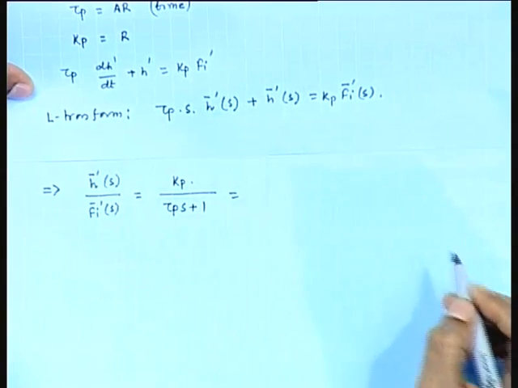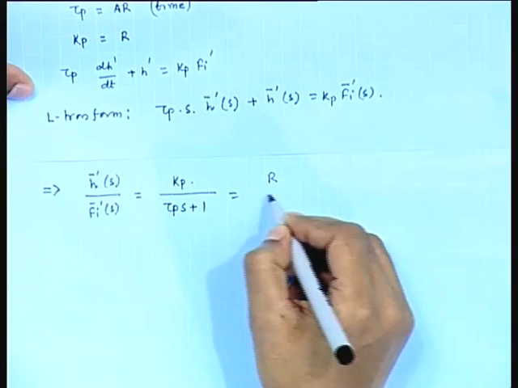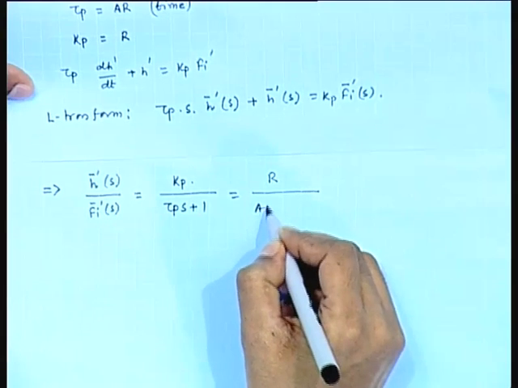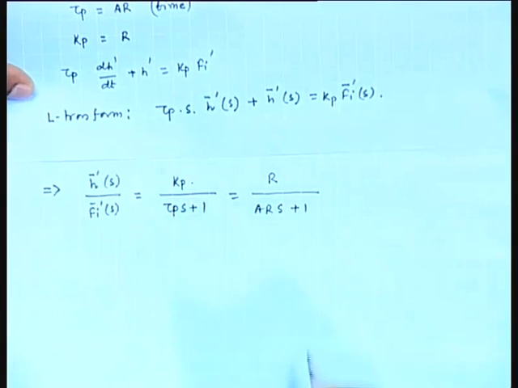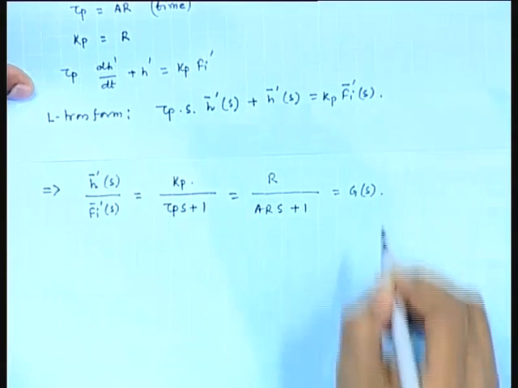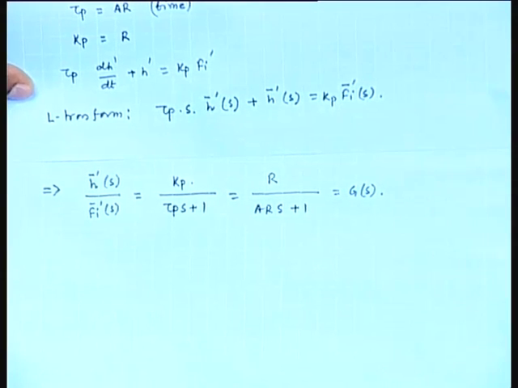So, here Kp is basically the resistance, and tau p is AR, in the form tau p s plus 1. This is the transfer function of this system, the liquid level system.